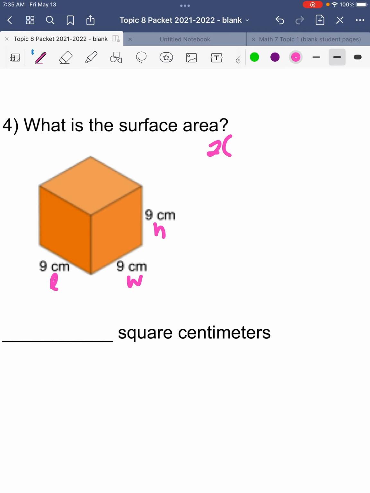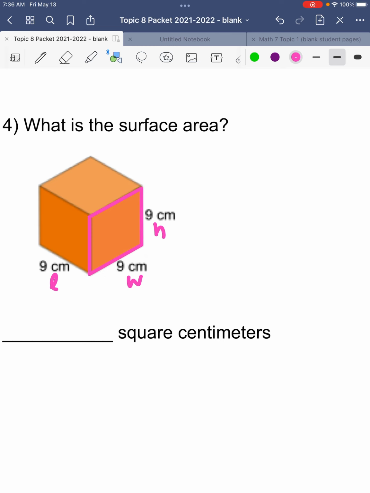So we have 2 times 9 times 9, that's the length times the width, plus, oh, actually, no, because this is a cube, do I have to do that? Well, let's find the area of just one side. For example, let's find the area of this side here. I was going to make us do more work, but we don't have to do this much work, right?